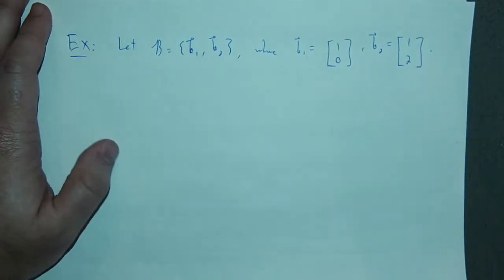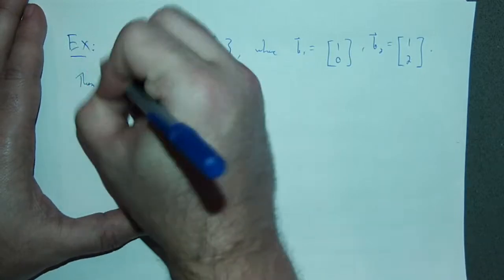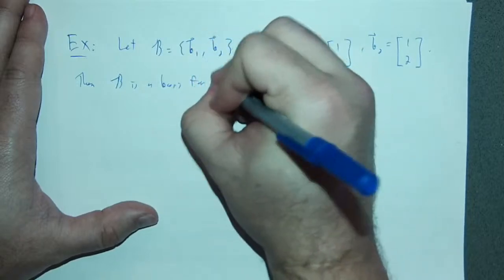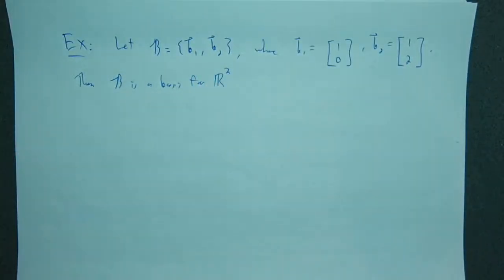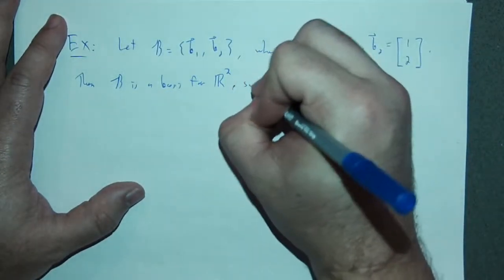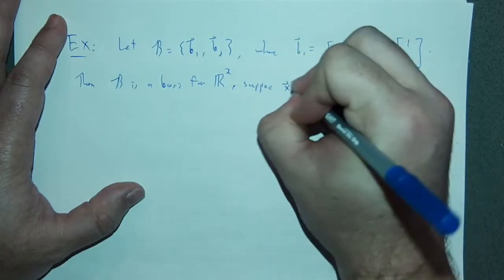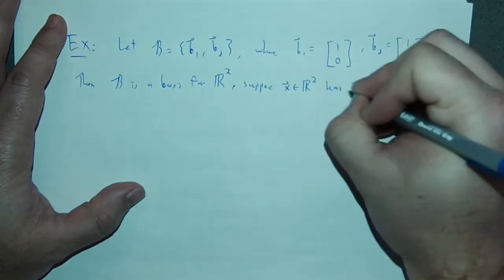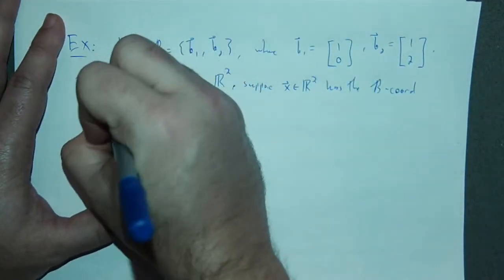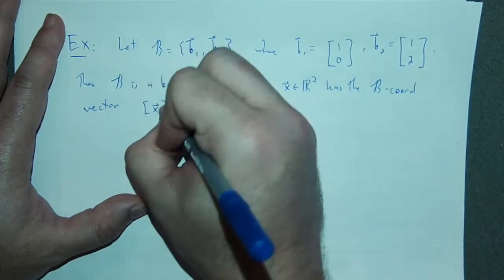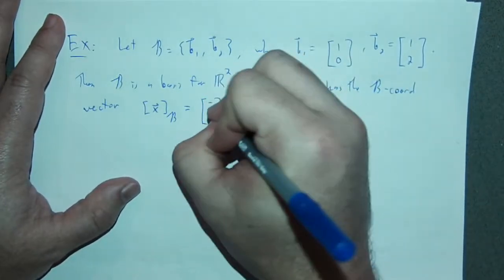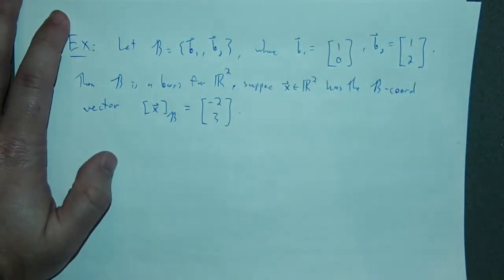This is a basis for R2. Suppose X in R2 has the B coordinate vector, X sub B, equal to (-2, 3). Find X.